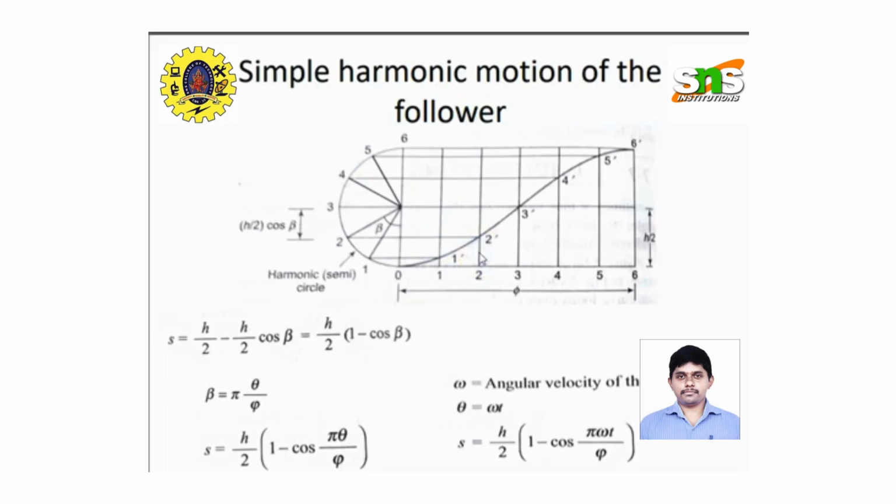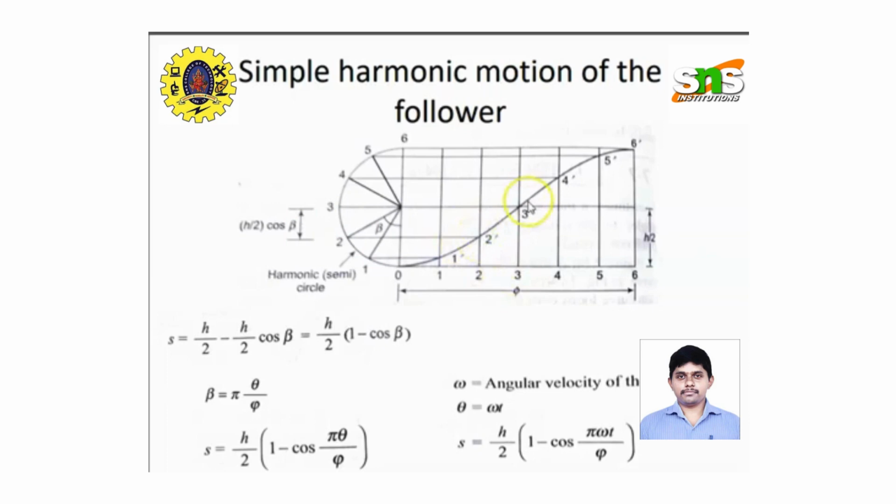And we need to find out where the intersections are over these different categories. The first line of the crank angle division that meets the first line, we name it 1 dash. The second line of the crank angle and the second line of the follower motion which intersect, we name 2 dash.